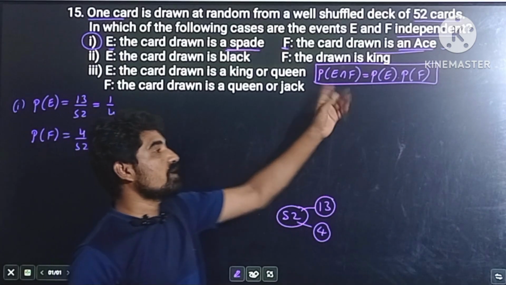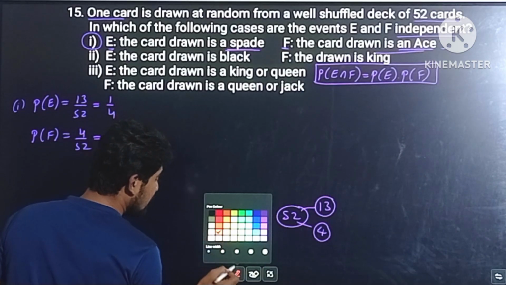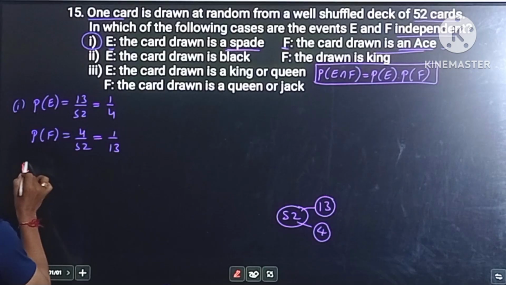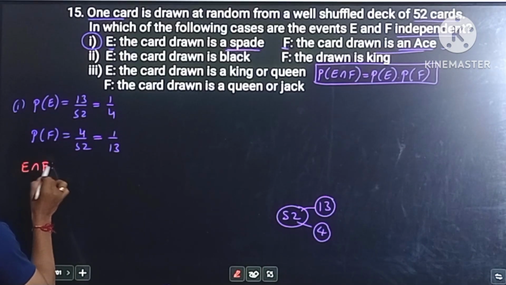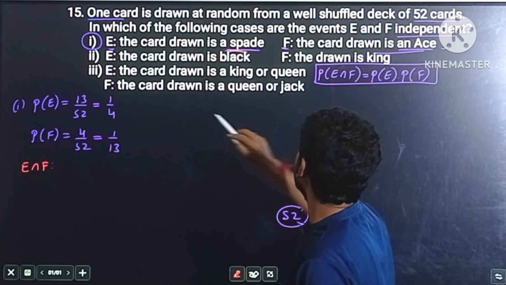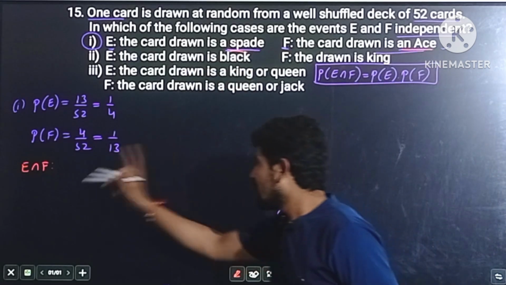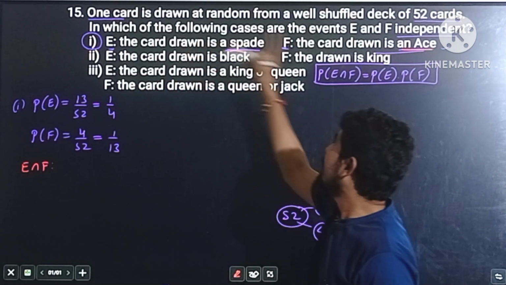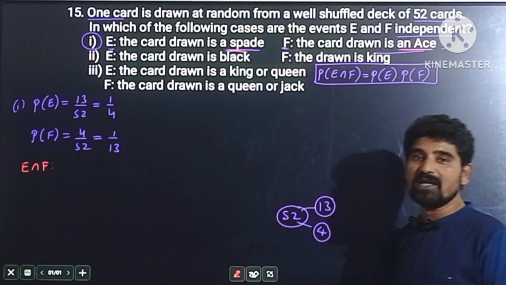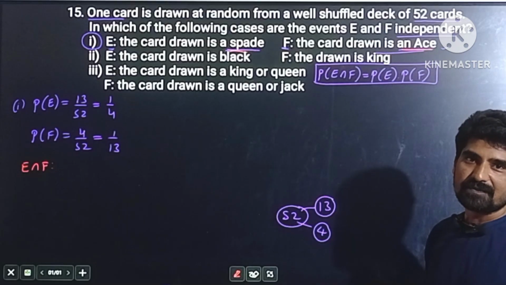And we need probability of E intersection F. So for that, we need the event E intersection F. See here, E is the event, drawn card is a spade, and F is the event, drawn card is an ace. So the card that exists in the event E as well as F is nothing but the ace of spade.